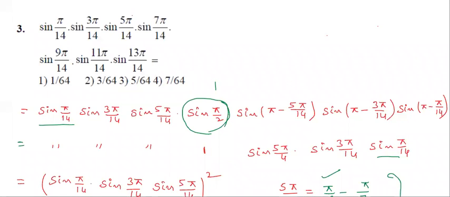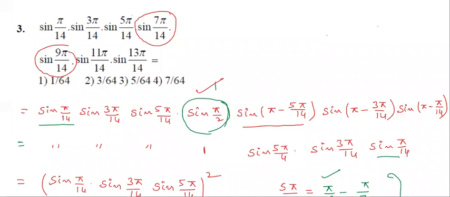So here sine 7 pi by 14, 7 twos are 14, so it will come sine 90 degrees. The first three I have written the same, and 9 pi by 14 means I have written sine of pi minus 5 pi by 14. 11 pi by 14 means pi minus 3 pi by 14. 13 pi by 14 means pi minus pi by 14.